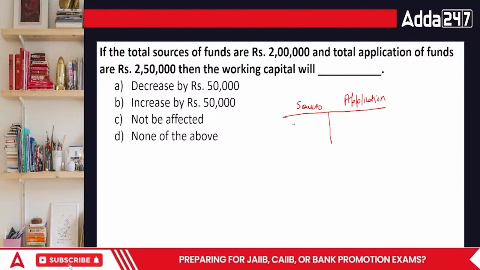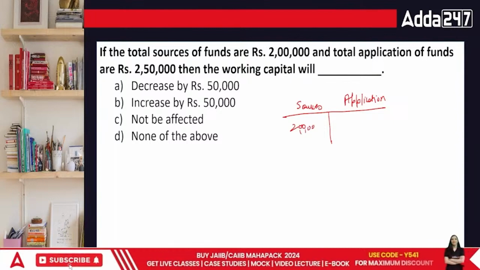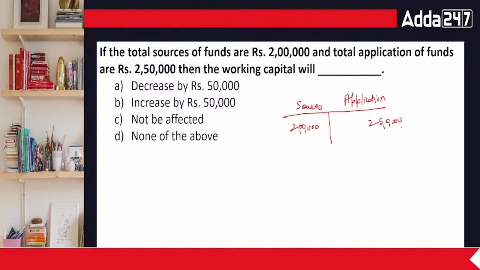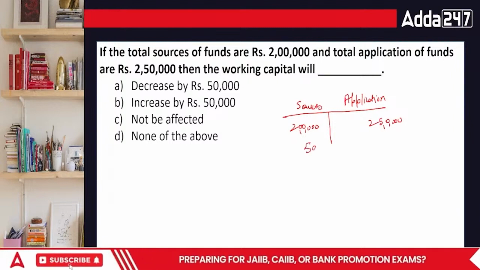Sources, they have got 2 lakh. How can we have 2 lakh and spend 2 lakh 50? That means there was working capital involved as well. That means the working capital will be here.